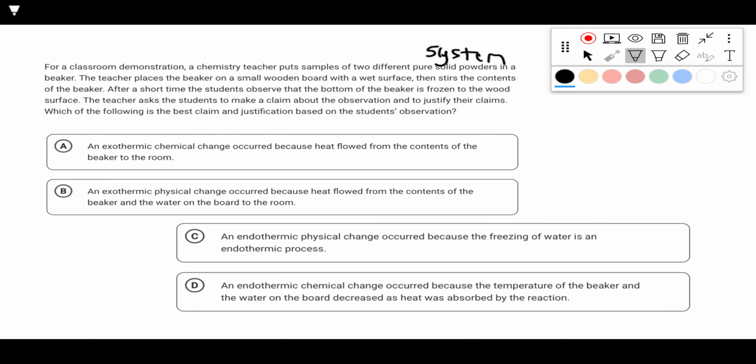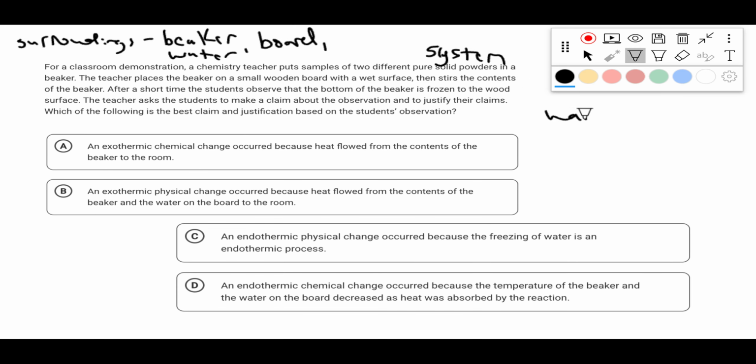So our surroundings are going to be the beaker itself, the board, that wooden board, and the water that was just there. The water froze.